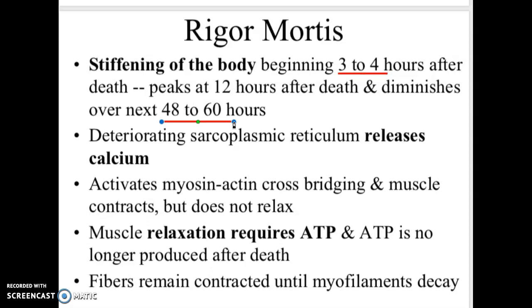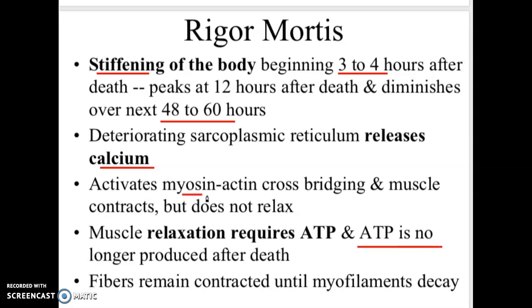So what happens is the muscles start to get really stiff because we get released calcium, but we do not have any ATP. So the combination of calcium and no ATP leads to contracted muscles.